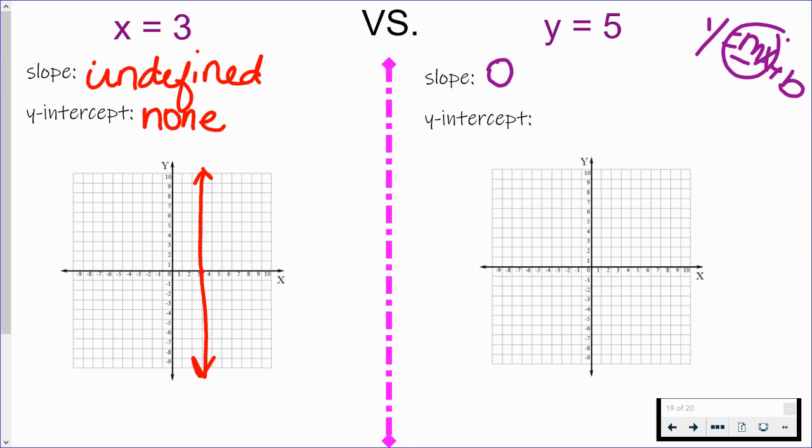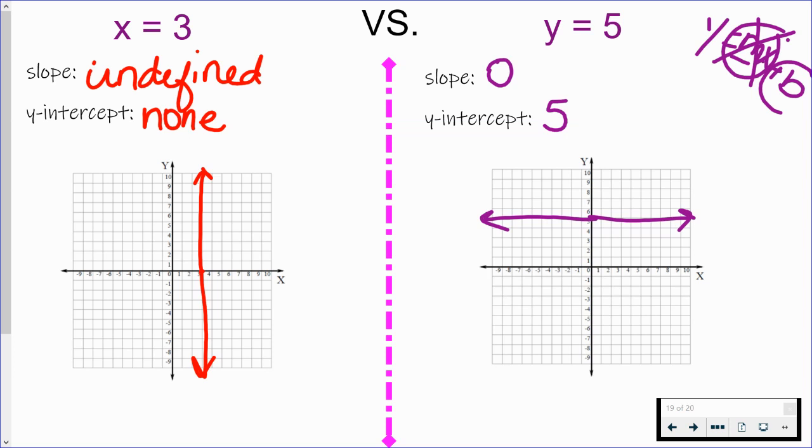And what happened is that since the slope was 0, this canceled out. So you're left with your y-intercept, which is going to be the 5. Now, this is going to create a horizontal line. You're going to be at 5 on the y-axis, and then you're just going to shoot across both ways.